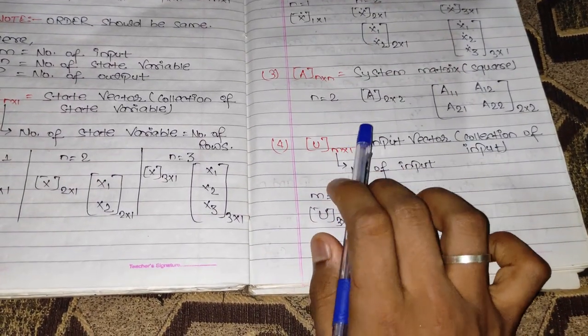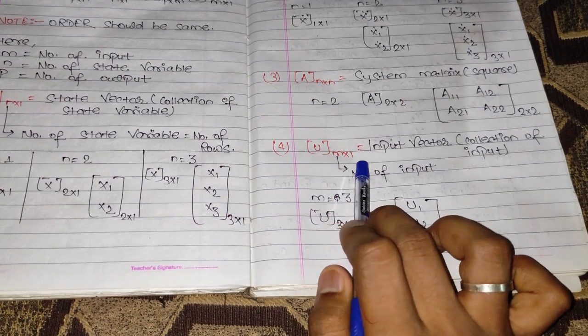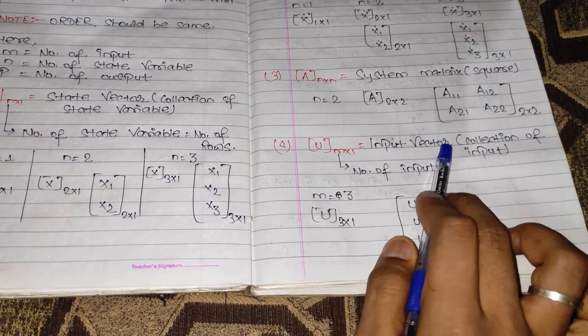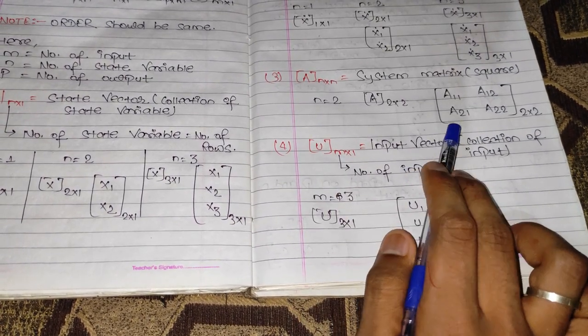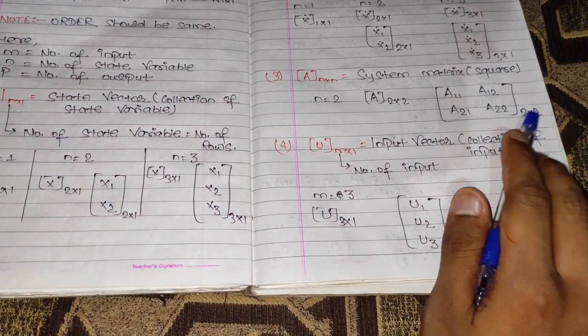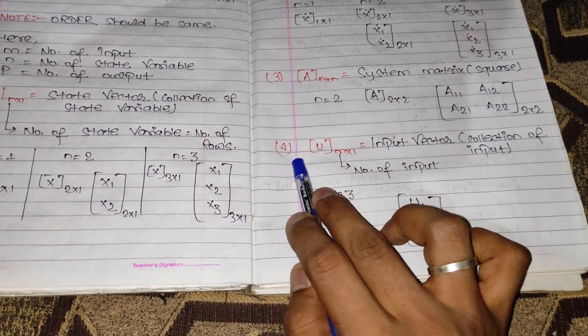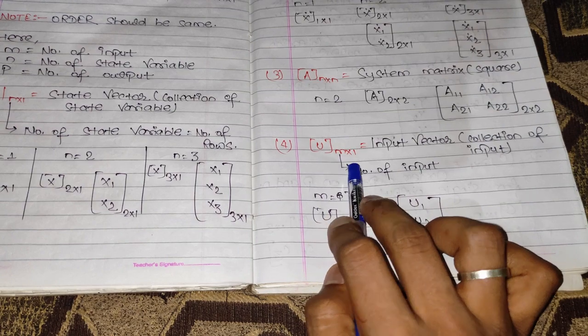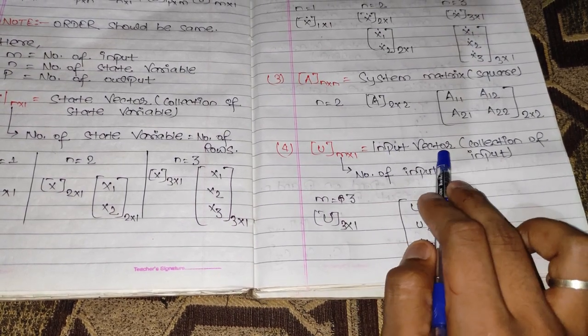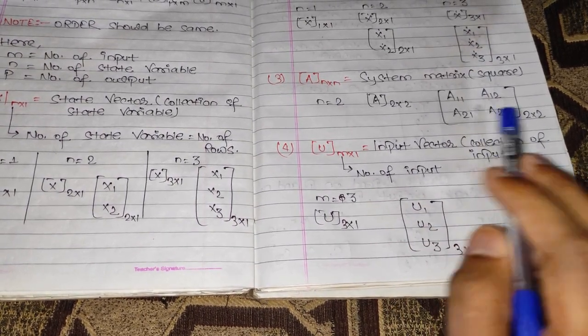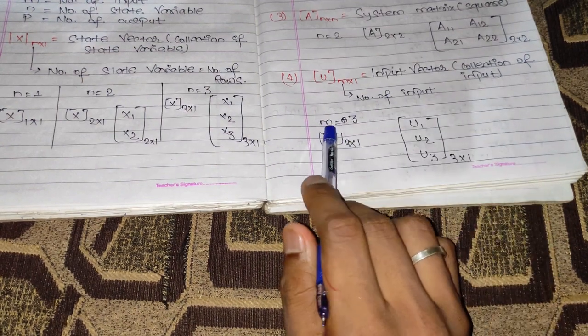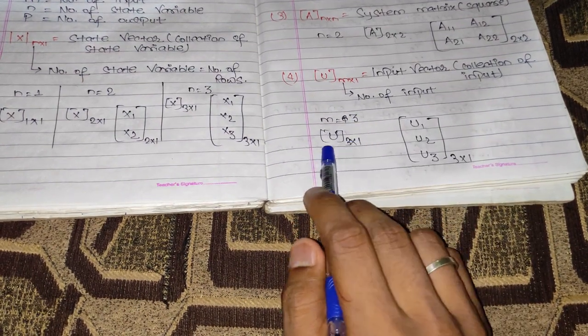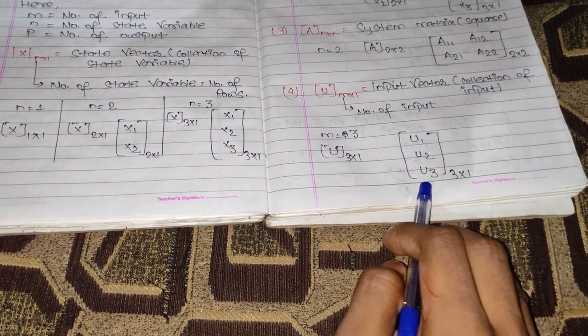Now the next term is U, m cross 1. U is basically the input vector. Vector means it is a collection of variables or inputs, so its order is m cross 1. If we put the value of m as 3, we will get a matrix like this: u1, u2, u3.